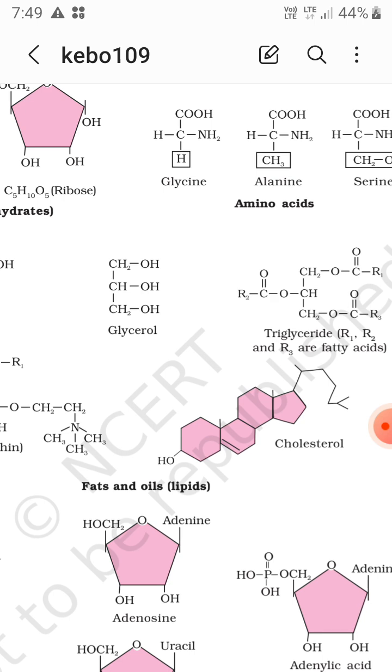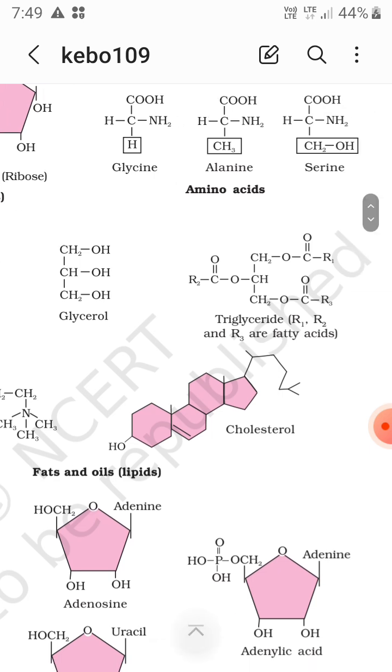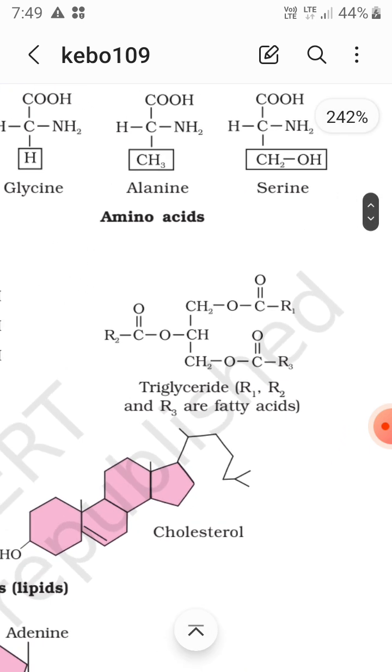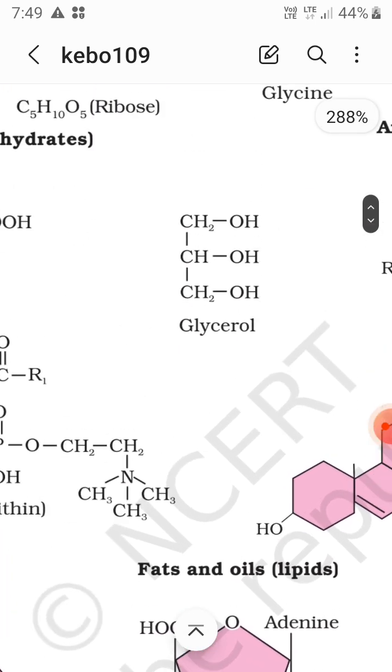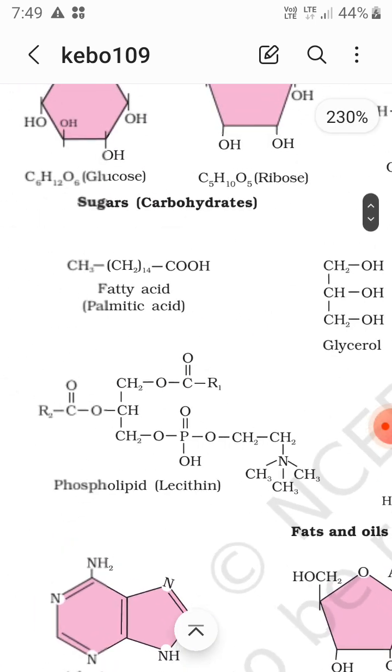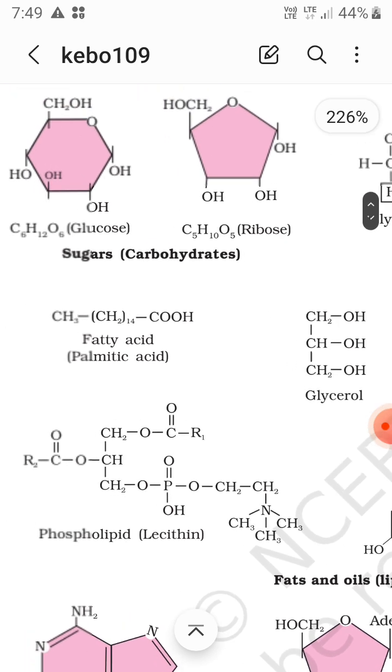And what are the fatty acids? They have the carboxyl group and the R group. It can be like methyl, ethyl. So these are the fatty acids. Then this one is the glycerol. It is a simple lipid, trihydroxypropane.